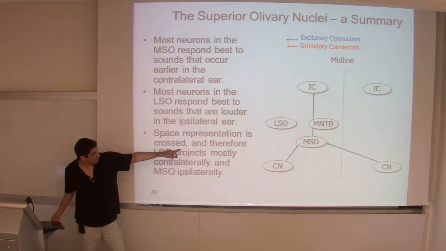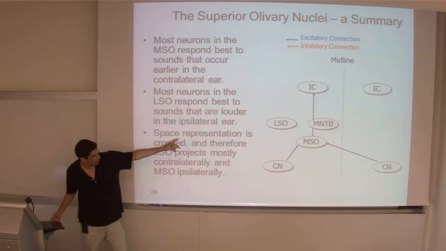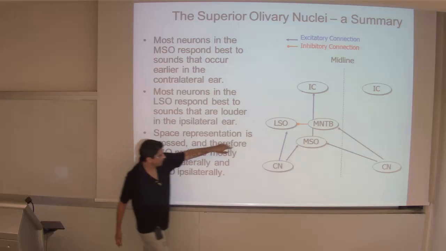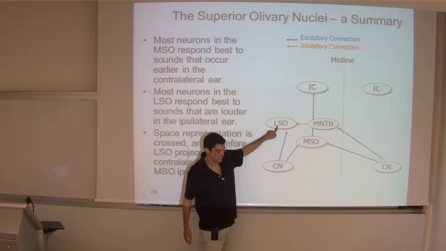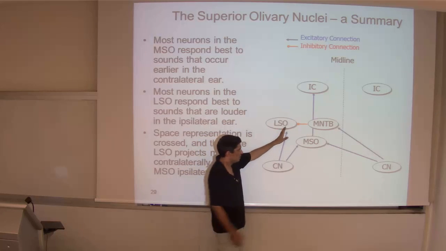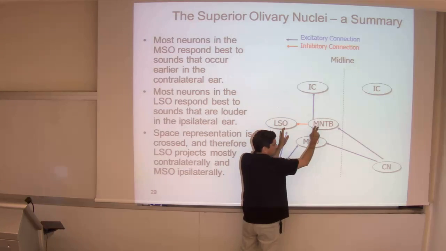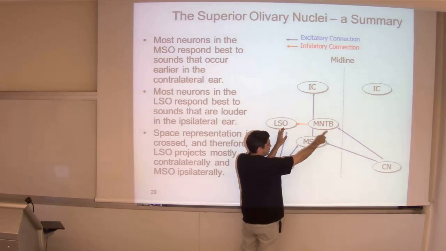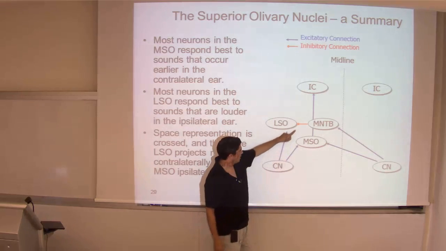The ILDs are computed, and then from there it goes to the inferior colliculus, the next station. The LSO, where the level difference is computed, has IE neurons, inhibition-excitation neurons, because they get excitation and inhibition through this huge synapse. You remember this monster synapse, which is highly sensitive.